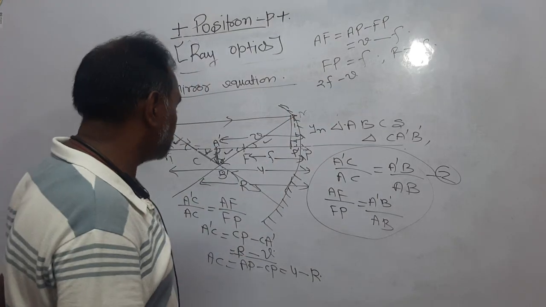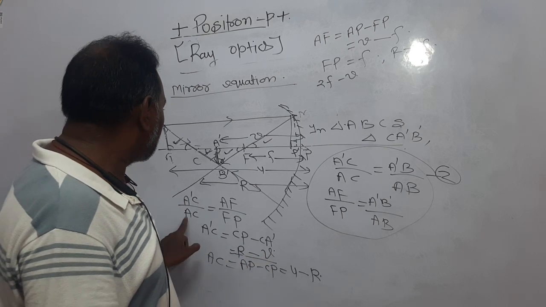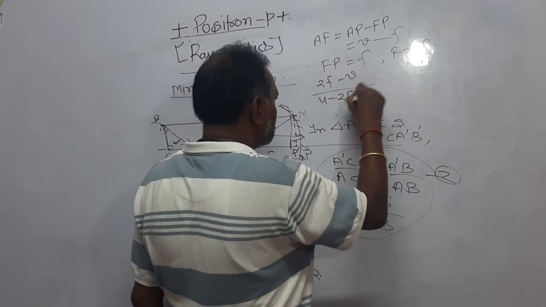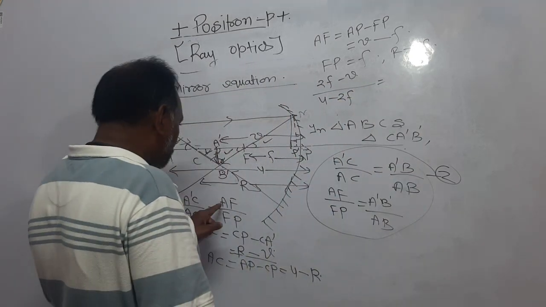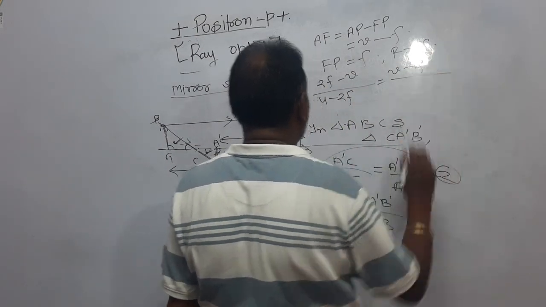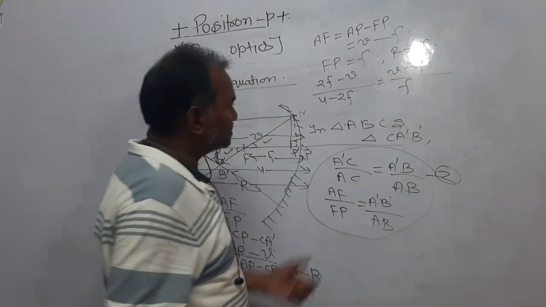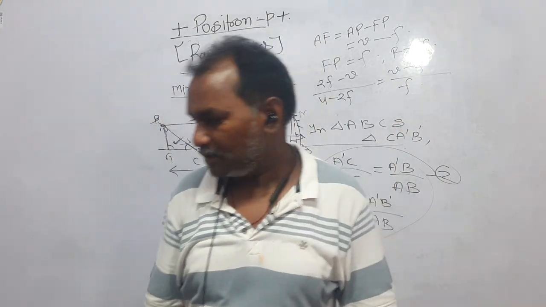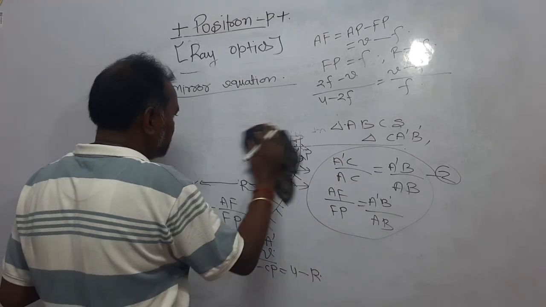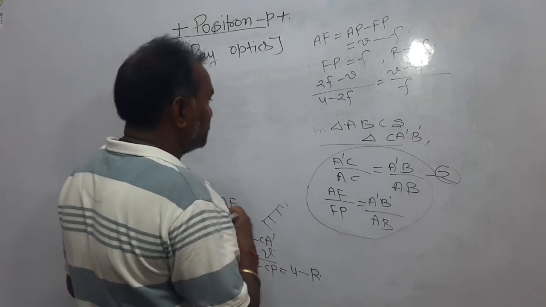It is 2F minus V. So A dash C is 2F minus V, divided by AC. AC is U minus R, that means U minus 2F, and that is equal to AF, which is V minus F, divided by FP. FP is F. Dear student, this is the very equation that we have to solve. Now, easily we can solve this. Now I'm just erasing this to get some space.